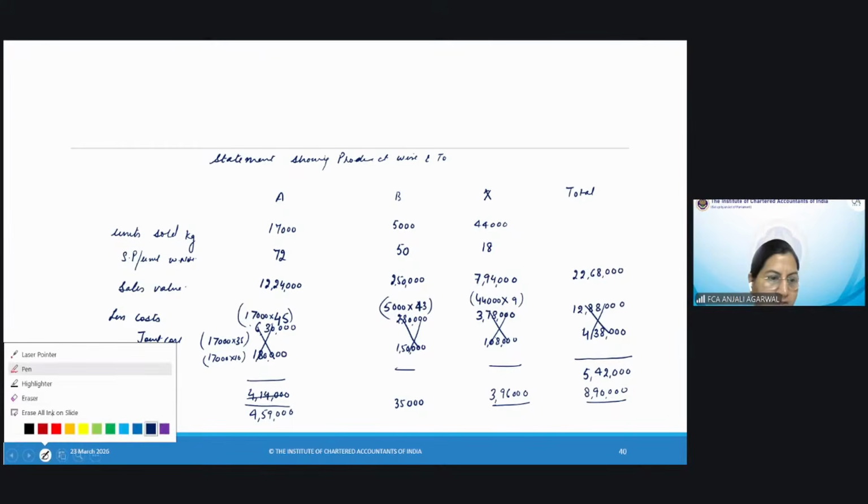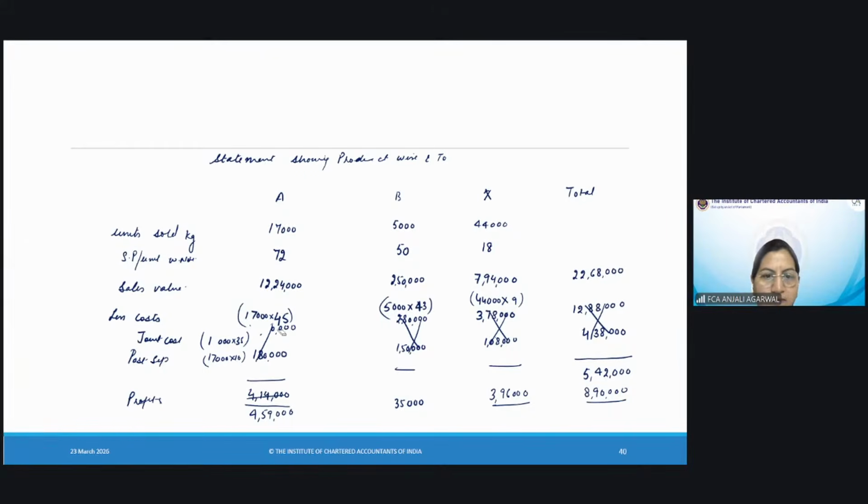I'll erase this one. If you take the entire cost of 1288 and 438, then that would have been the profit if all the units would have been sold.